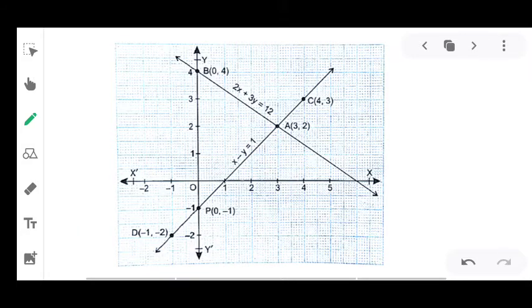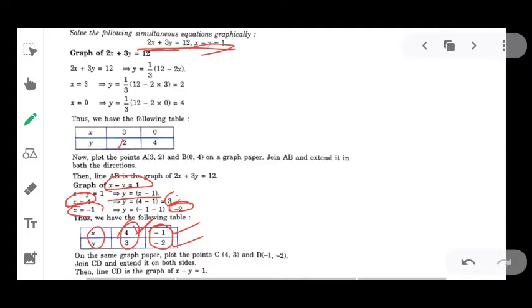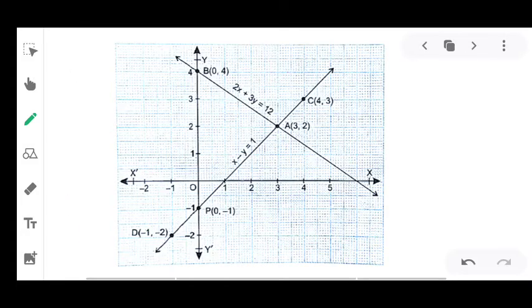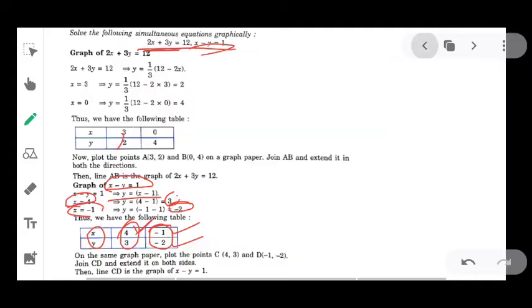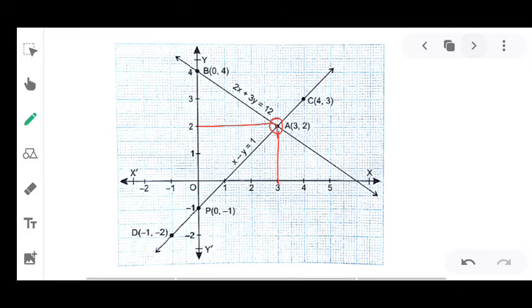So find 3 comma 2: 3 on the x-axis, 2 on the y-axis. So this is the point 3 comma 2, then 0 comma 4, where 4 is the y coordinate. So this is the point. Now join these 2 points and produce.